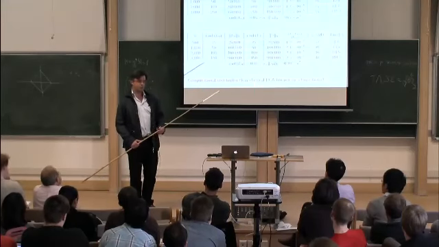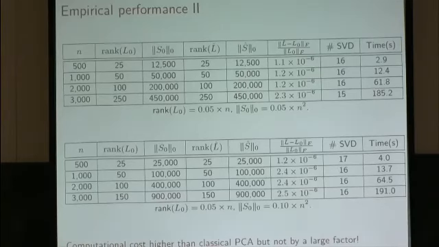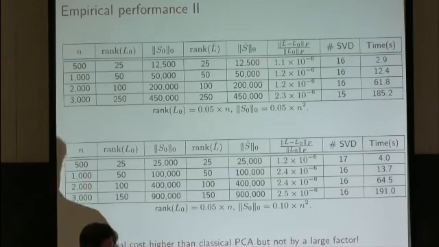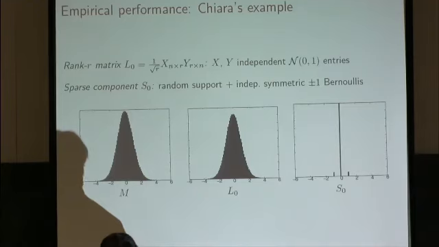So if you can afford principal component analysis, which would take 1 full SVD, then you are 1 order of magnitude away from this. Okay, so that's higher than classical principal component analysis, of course, but not by a huge factor.